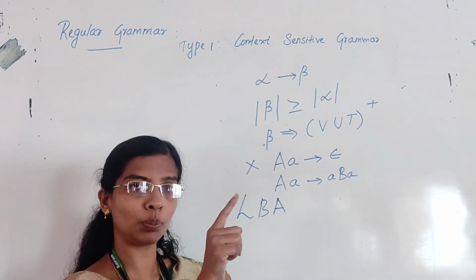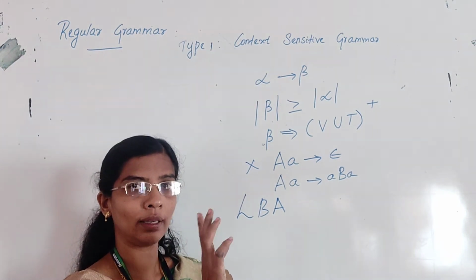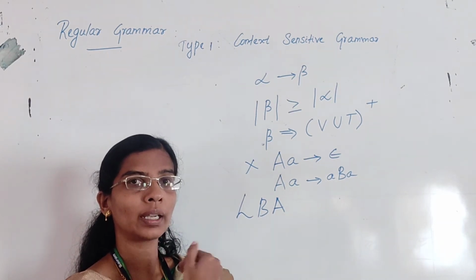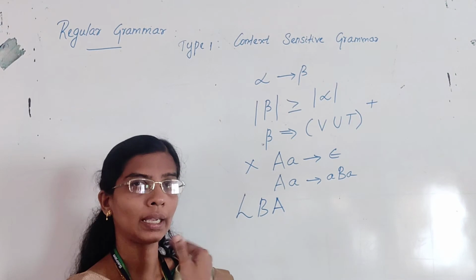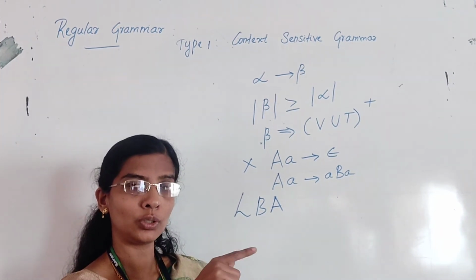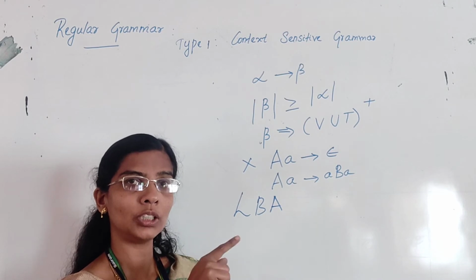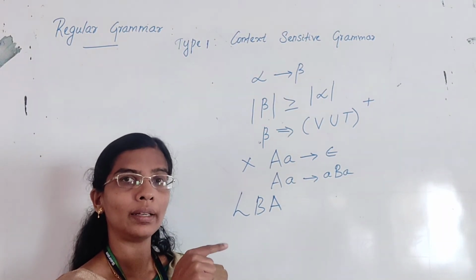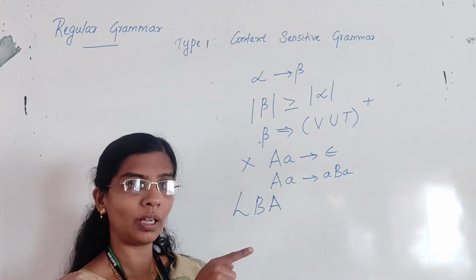There, alpha tends to beta, with no restriction in the length of alpha and beta. The only condition is that epsilon I cannot have in LHS, but I can have in RHS. Here also, the form is alpha tends to beta, but there is a condition in the length of beta: length of beta should be greater than or equal to length of alpha.